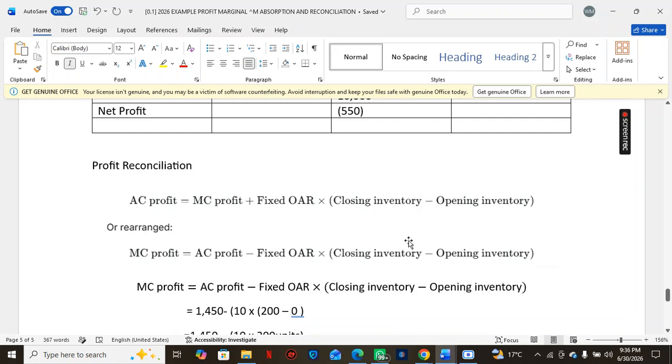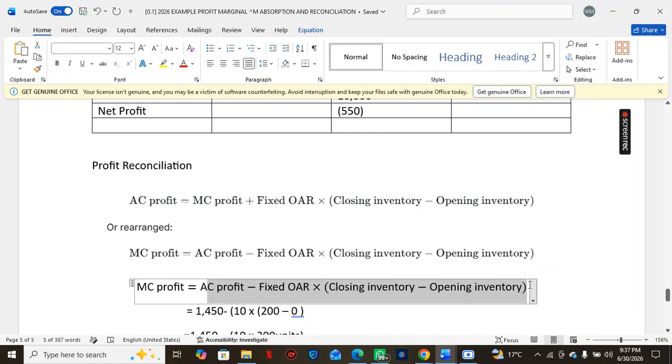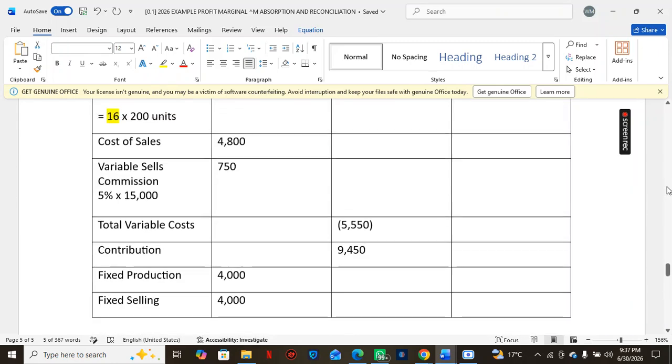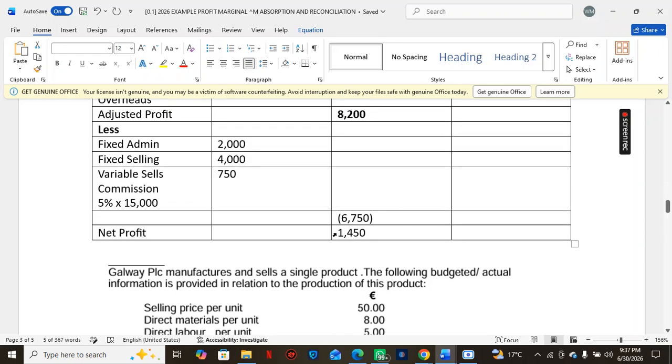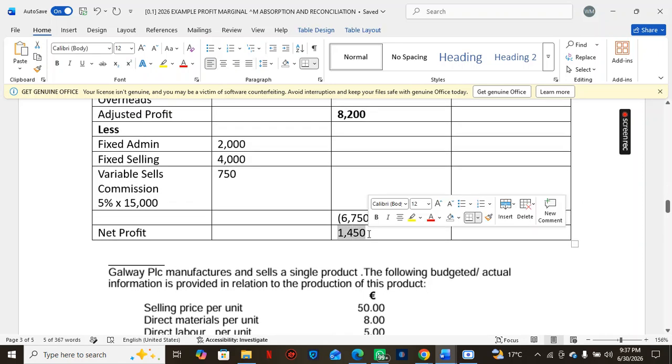All right. So in this case, I want to get the marginal costing profit. So it's the absorption costing profit minus the fixed overhead absorption rate multiplied by closing inventory minus opening inventory. With absorption costing, we got a net profit of 1,450.